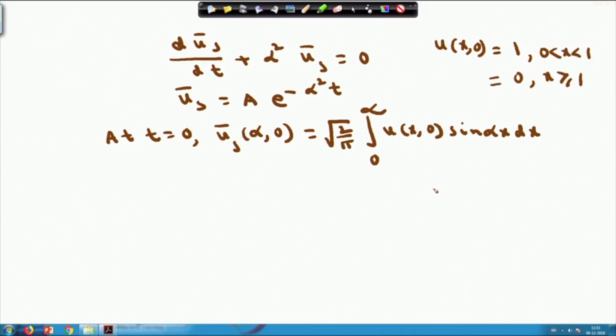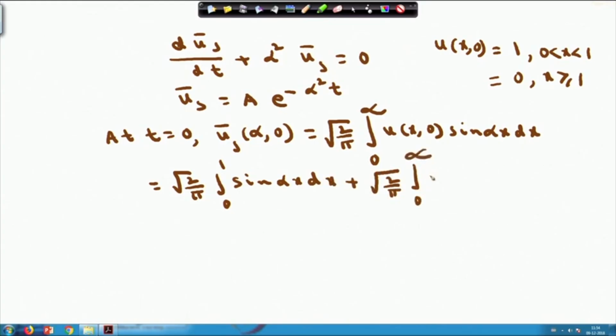Therefore, I can break this integral into two parts: root over 2 by pi, integral from 0 to 1 of sine alpha x dx, where u x 0 is 1, plus root over 2 by pi, integral from 1 to infinity of 0 into sine alpha x dx. So this second term vanishes.